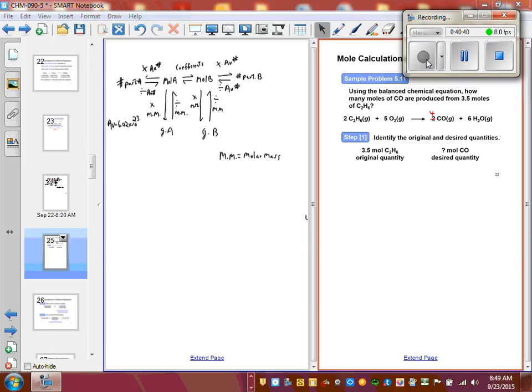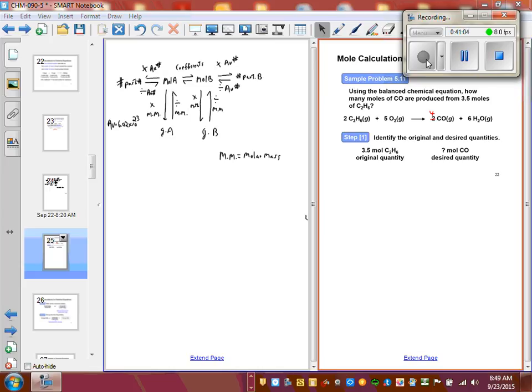So what do we know in this problem? 3.5 moles of ethane. We're going to call ethane A. That's the first thing we're going to see. So we're just going to call it A. All right? So we're starting here, moles of A.